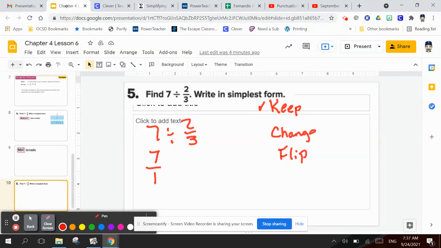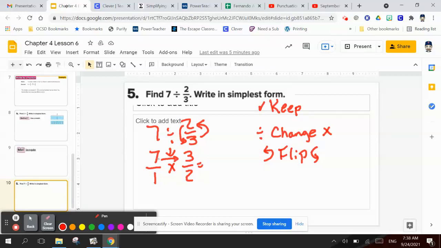I'm going to change the sign from divide to now multiply. So here I'm going to change my sign. And then I'm going to flip my second fraction. So 2/3 now becomes 3 over 2.